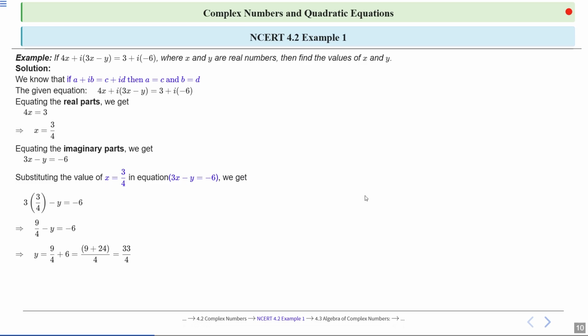Simplifying further, we obtain y equal to 9 by 4 plus 6, and ultimately y equal to 33 by 4. Therefore, x is equal to 3 by 4 and y is equal to 33 divided by 4. I hope this example is clear to all of you.